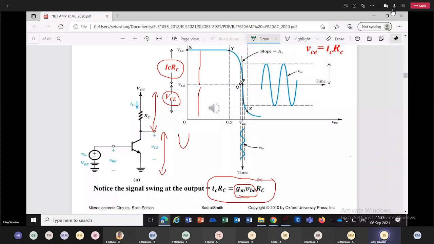No, don't just other side. There are two sides. Which side? Positive going or negative going? Okay.